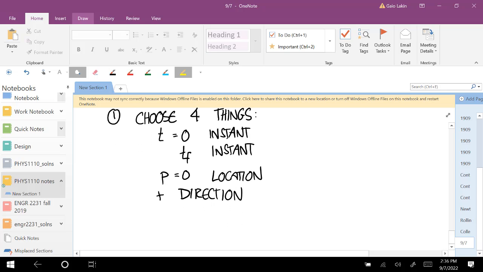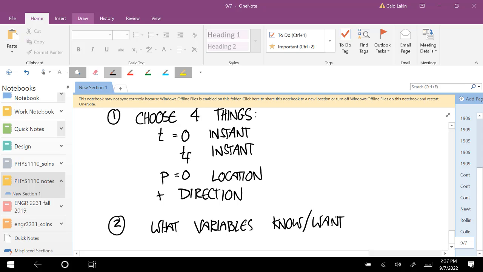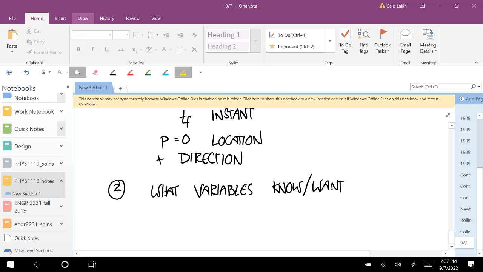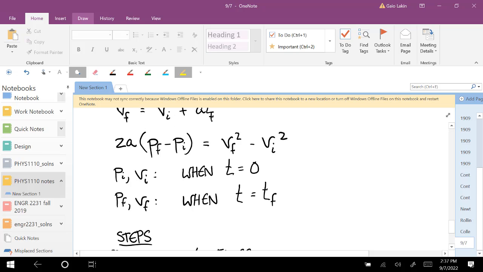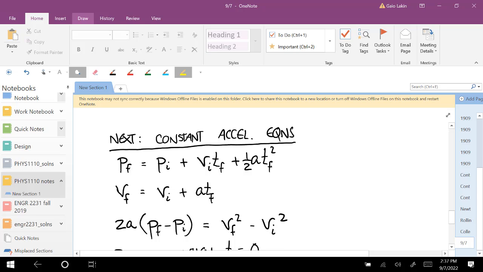Once you've chosen those 4 things, you have to figure out what you know and what you want. And you can just go through all of these equations. There's 6 total variables: T final, acceleration, P initial and P final, V initial and V final.